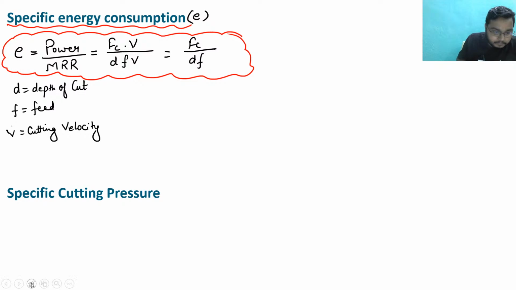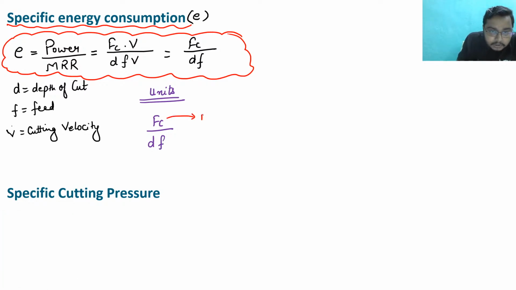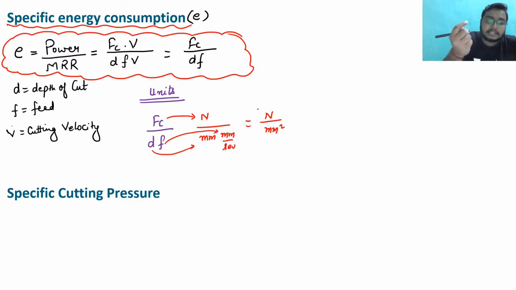Now see the units. What would be the units? That is Fc by Df. The unit of Fc is Newton. The unit of D is mm, and the unit of F is mm per revolution. So you are left with Newton per millimeter square. Now, since it is defined as energy, we must convert this in terms of joule, so that there is a proper logical reason.